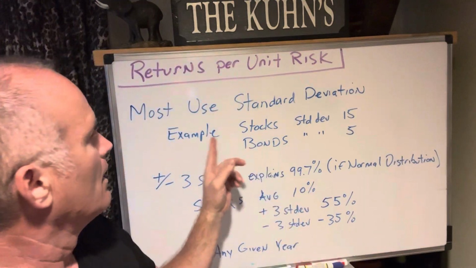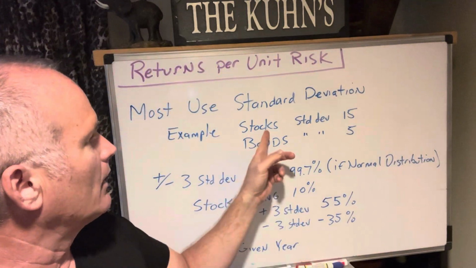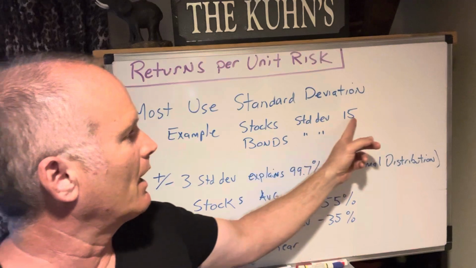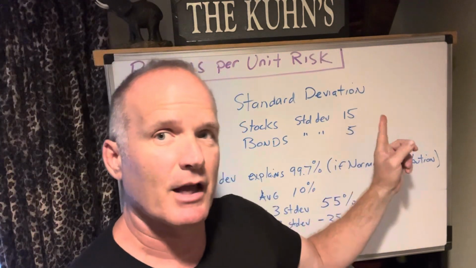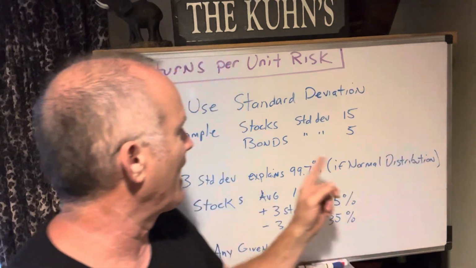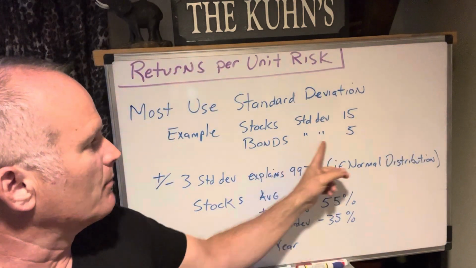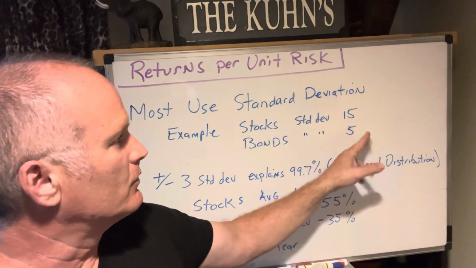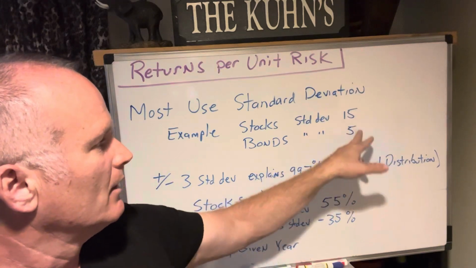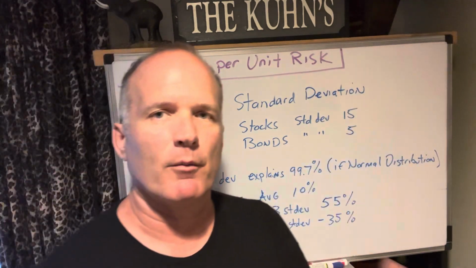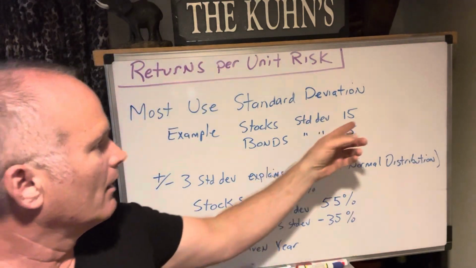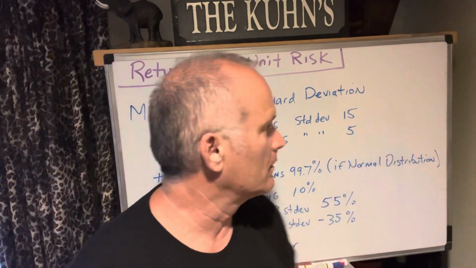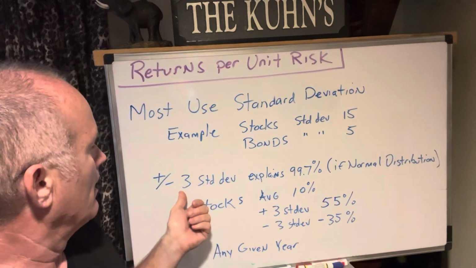As an example, the S&P 500 may have a standard deviation somewhere around 15. These are for illustration and simple math by me. So bonds may have a standard deviation of 5. So you can see that stocks have 3 times the variability of bonds, okay? So, higher risk.